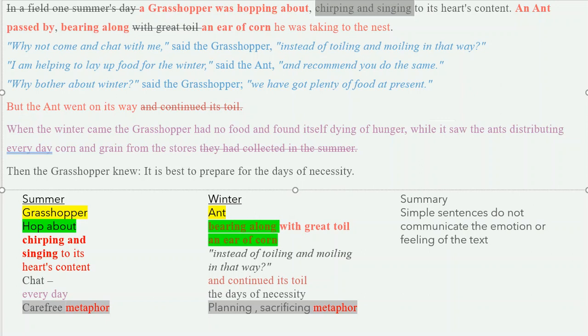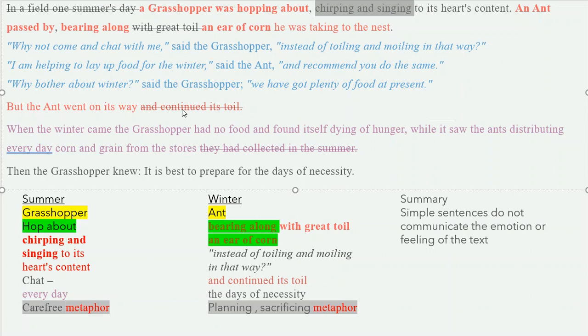We communicate emotion so that they feel what we want them to feel, right? So here we wanted people to feel what the grasshopper felt: happiness, joy, jumping, hopping, chatting. And we wanted also the reader to feel what the ant was feeling: great toil.